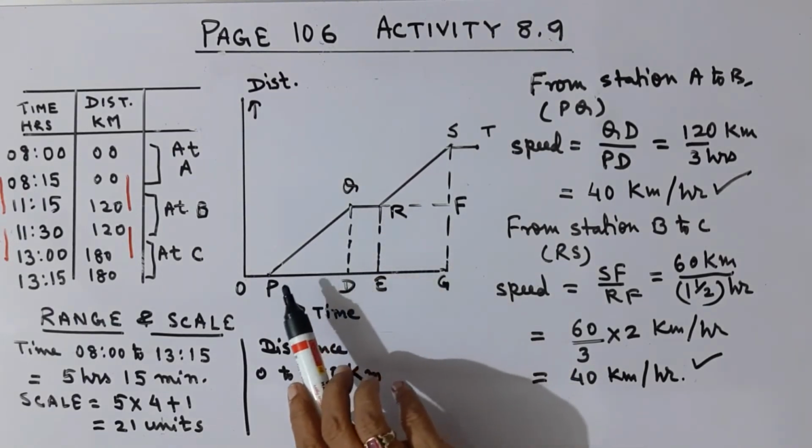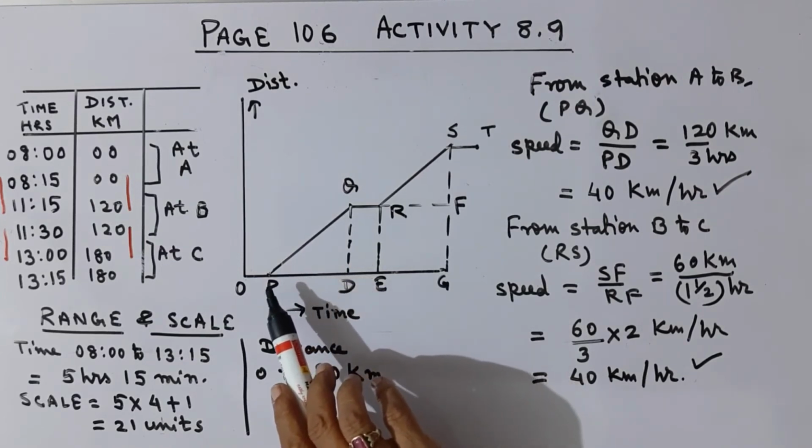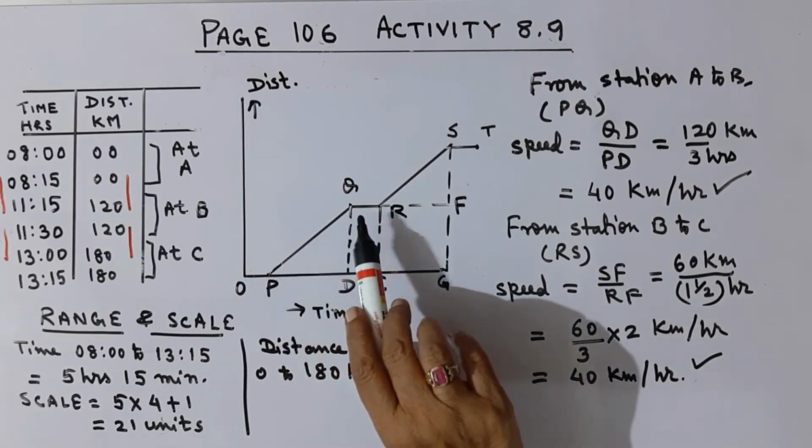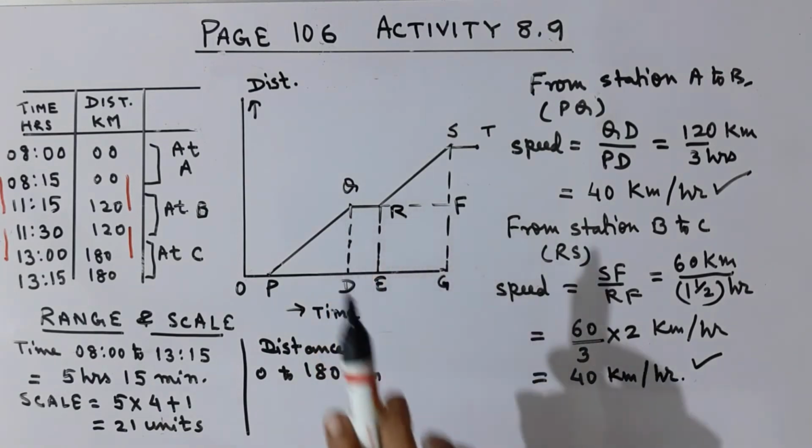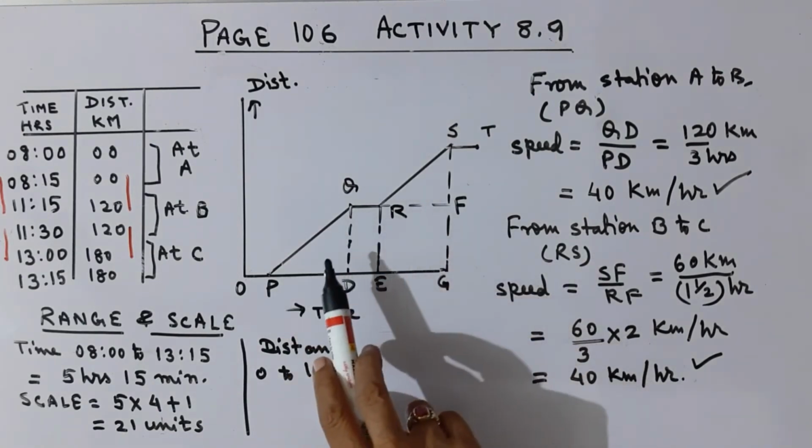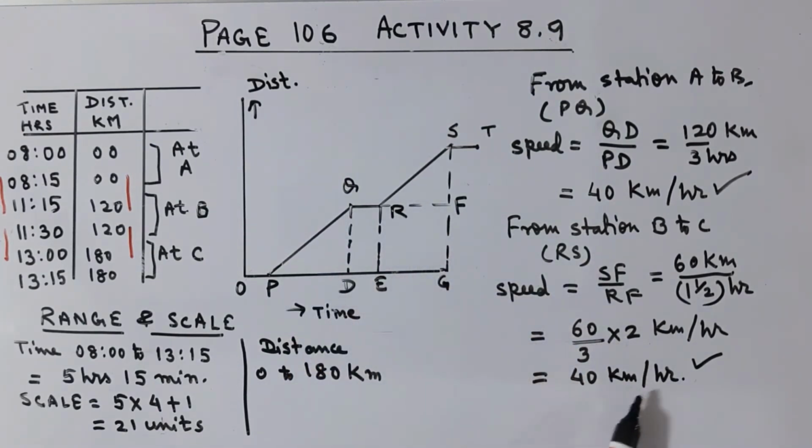There must be some acceleration when the speed of the train increases and then when it decreases before coming to halt. But for calculation, we have taken it as 40 kilometers per hour. This is the average speed of the train.